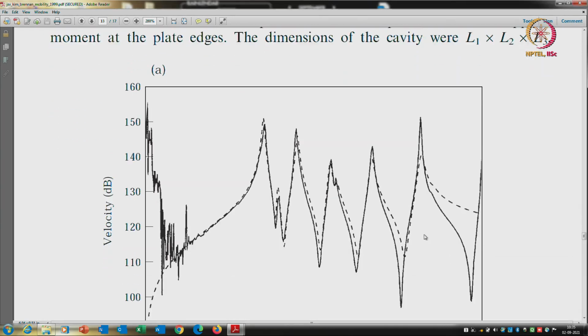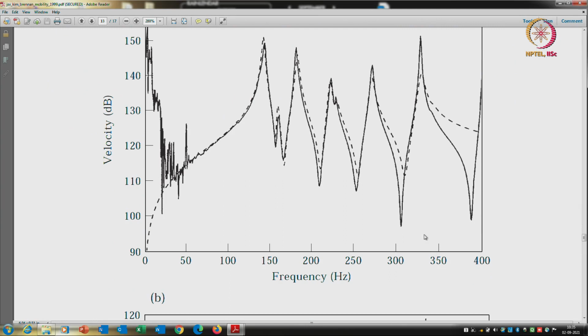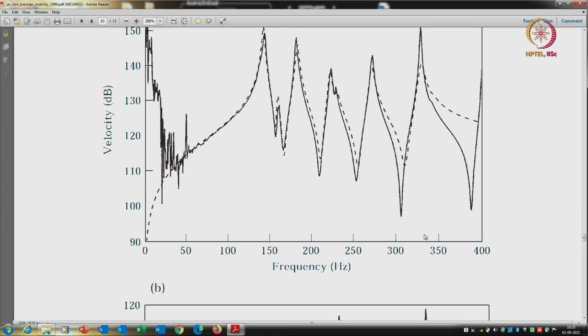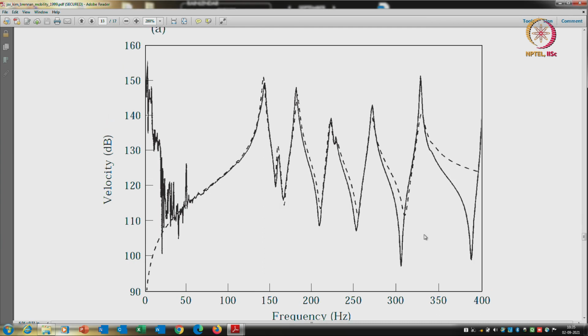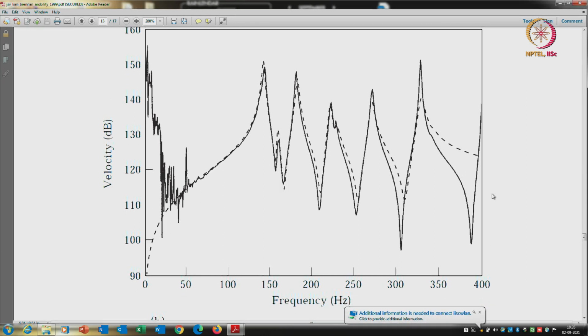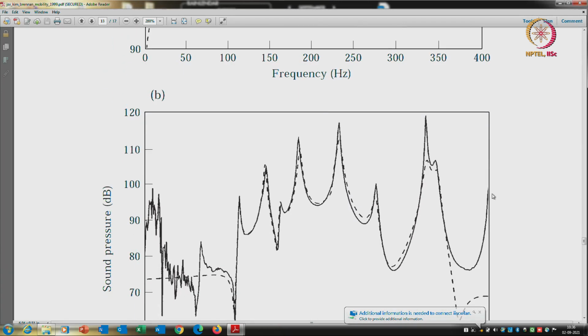Okay, so now if you look at the velocity, this is the velocity response of the panel. Okay, so one line is theory, the other line is experiment, and this is the sound pressure.